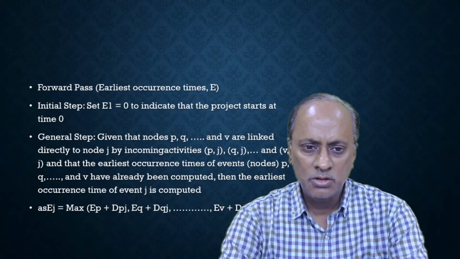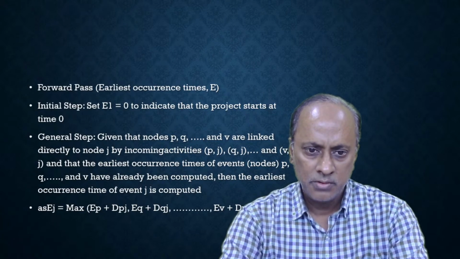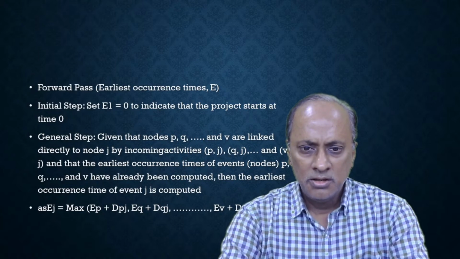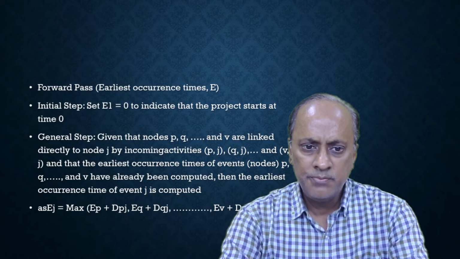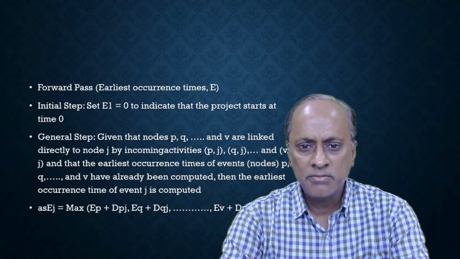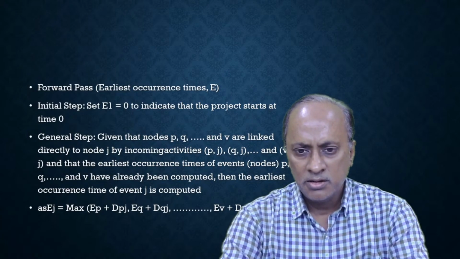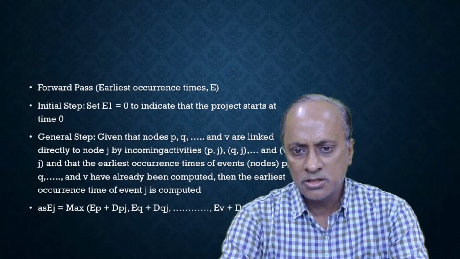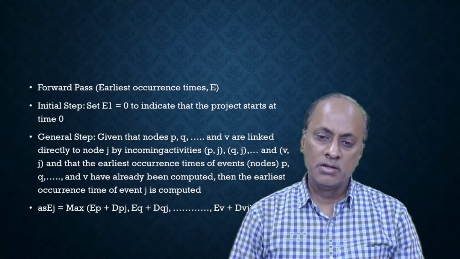B has only one predecessor activity. So here the EST of B is the EFT of A. The earliest finish time of A becomes the EST of B, that is 3, and the work duration of B is 4. So the EFT of B is 7.